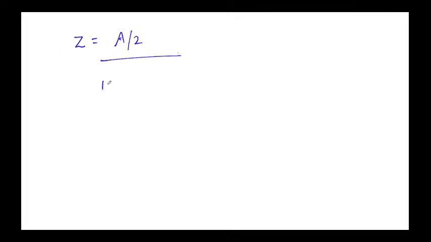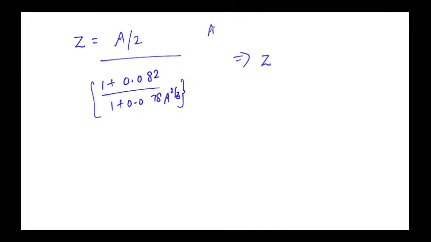So what we derive is the same equation which we derived from the mass parabola, that is Z equals A by 2 times 1 plus 0.082 over 1 plus 0.0078 times A^(2/3). So for lighter nuclei, where the value of A is very small, Z comes out to be A by 2.